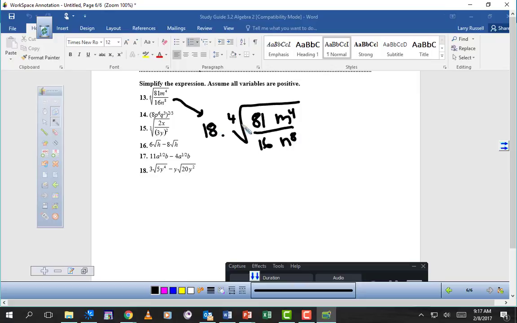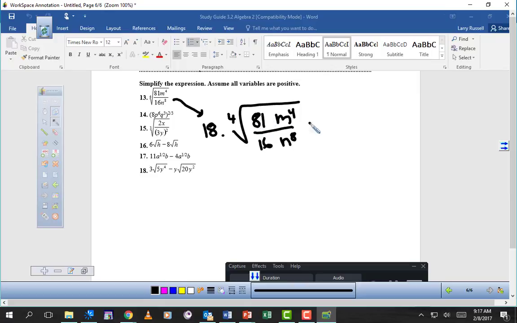Now, you know that things to the 4th power will cancel off the 4th root. So the plan here is to rewrite as much as possible of the factors in here as perfect numbers to a 4th power.